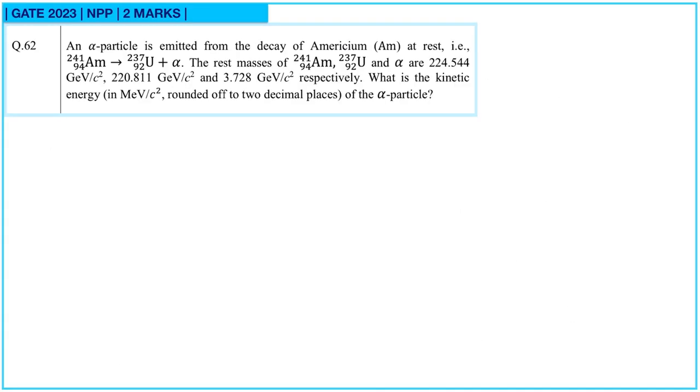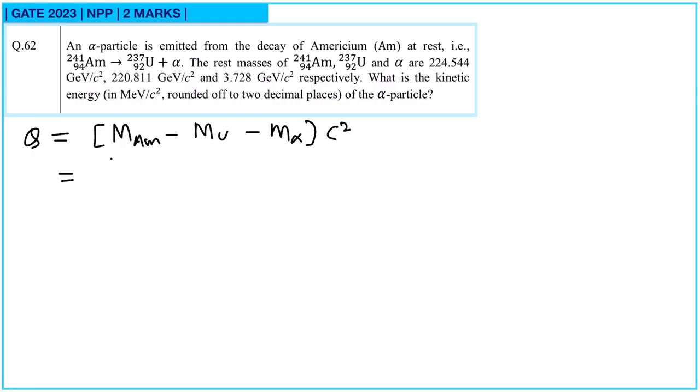Next question. An alpha particle is emitted from the decay of americium at rest, that is, this equation is given, and rest masses are also given. What is the kinetic energy of the alpha particle? So first calculate Q. Q will be mass of reactants minus mass of products, into c square.